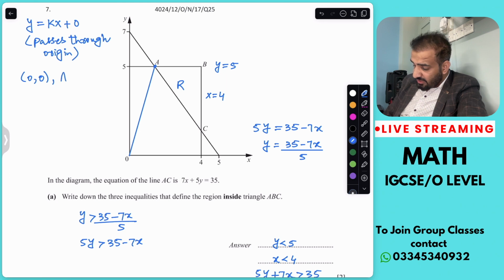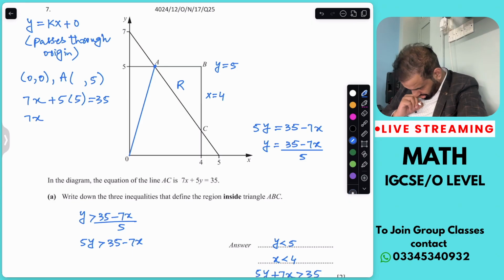And now let's try to find the coordinates of A. What will be the coordinates of A? 5, because it has y coordinate 5. And let's substitute this 5 in this line. So 7x plus 5 into 5 is equal to 35.